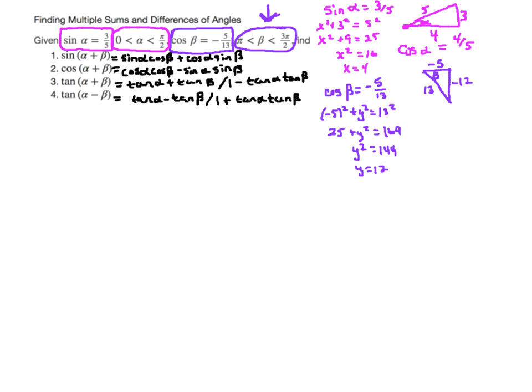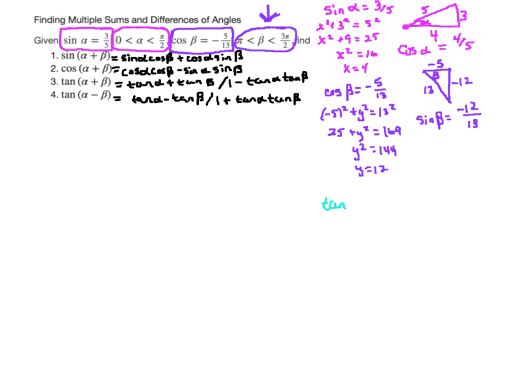Okay, so since we know cosine of beta is adjacent over hypotenuse, the sine of beta is opposite -12 over hypotenuse, 13. So -12/13. So now we have all the values. Well, let's go ahead and do the tangent while we're doing this side work, because we have to do the ratios to find the tangent.